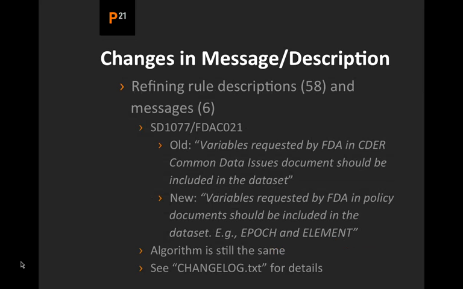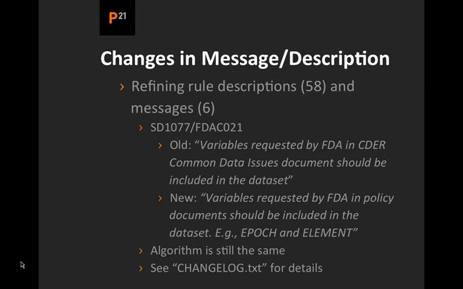There are many changes in the messages and descriptions. FDA did a good job to refine the rule descriptions. There are 58 changes in messages. An example: the old rule description is "Variable requested by FDA in CDER Common Data Issues document should be included in the dataset."